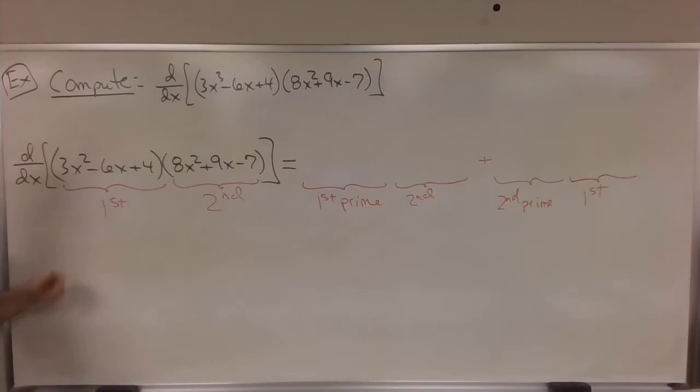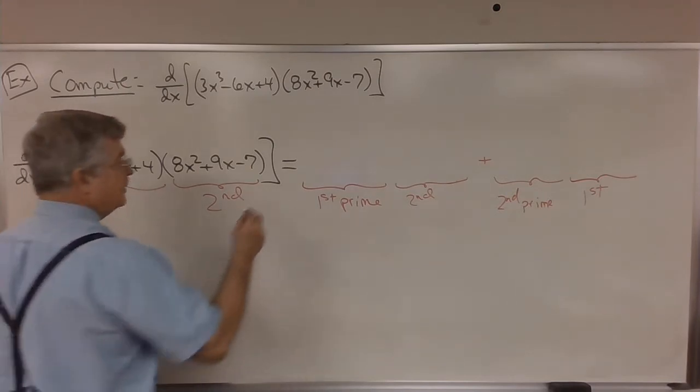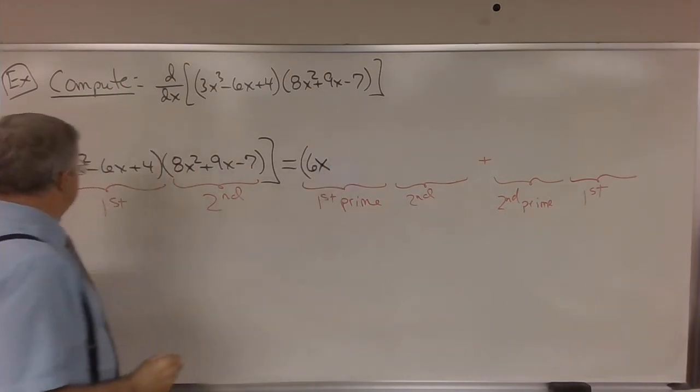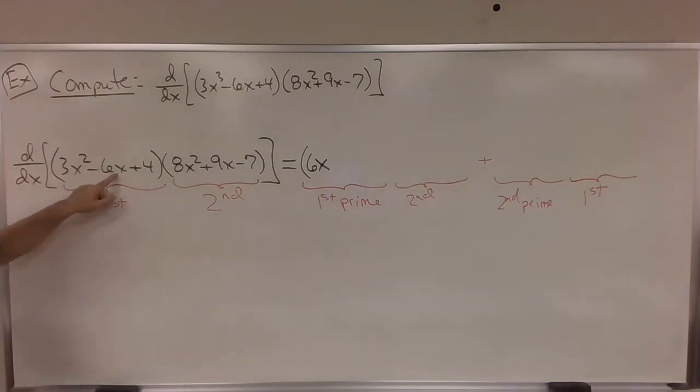First prime, that's the derivative of this function. Bring the exponent down front. We get 2 times 3, which is 6 times x to the first. So 6x.